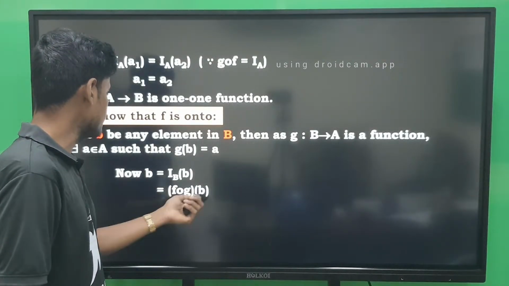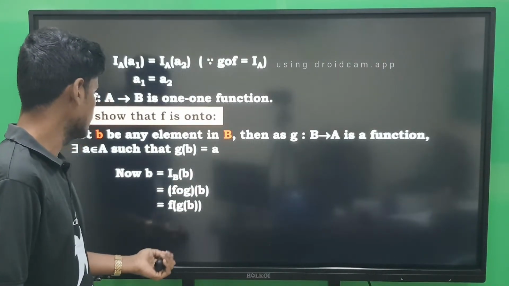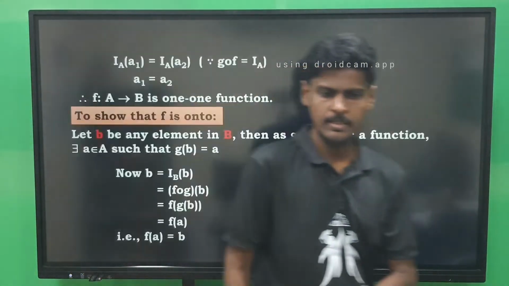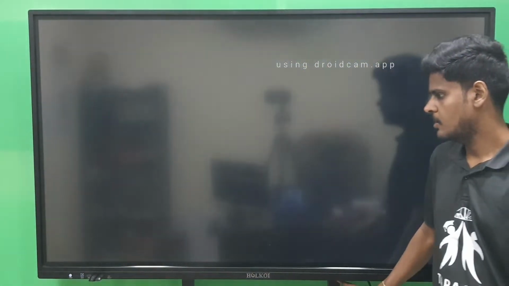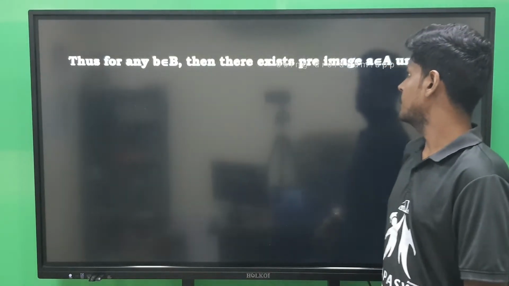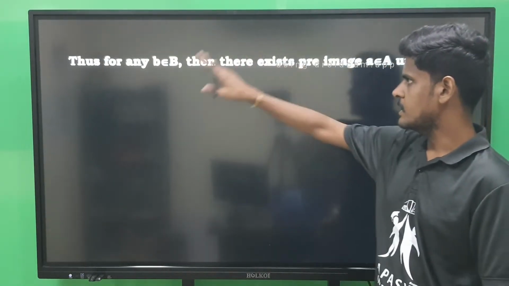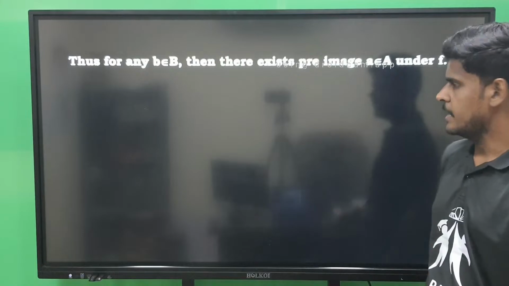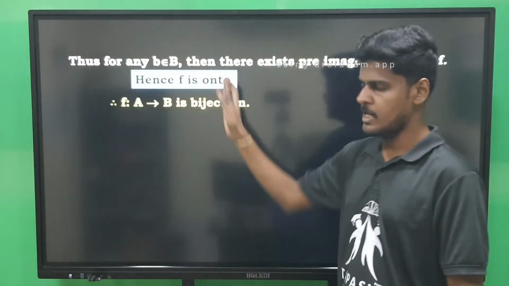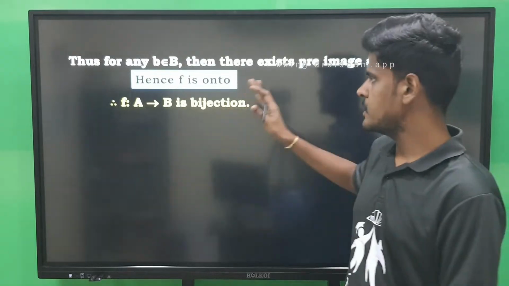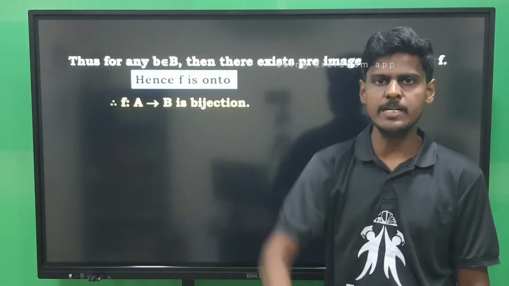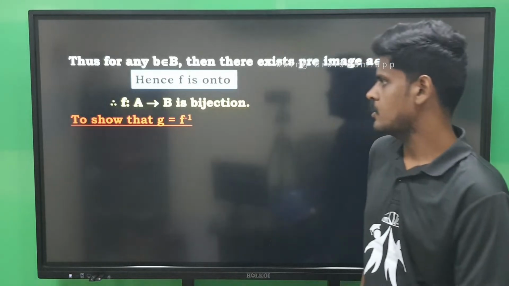So this is f of g of b. What is this? f of a. This is the proof for this. So every element in set B has some image in set A, pre-image in set A. Therefore, f is an onto function. What is the condition for onto? Every element in codomain has some pre-image in domain.